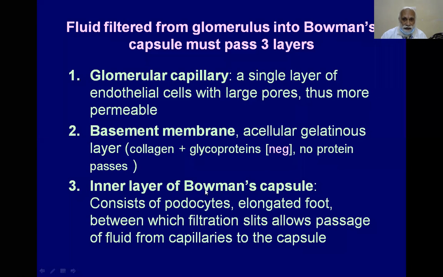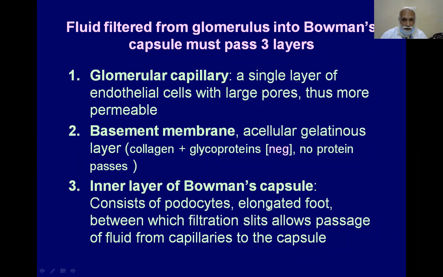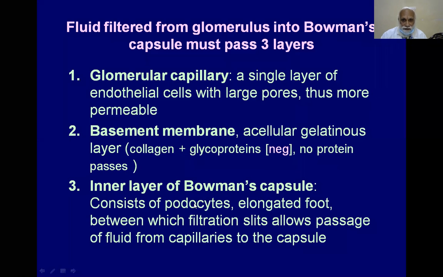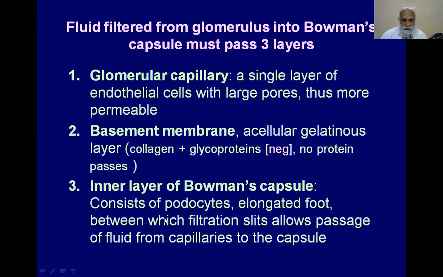Then, the inner layer of Bowman's capsule: first is the capillary endothelium, then the basement membrane, and then the Bowman's capsular inner layer, or visceral layer. This visceral layer consists of podocytes with elongated feet, pedicels, and there are some filtration slits in between these feet.